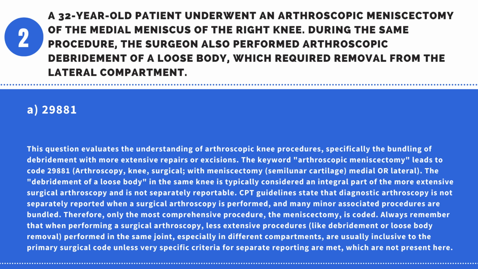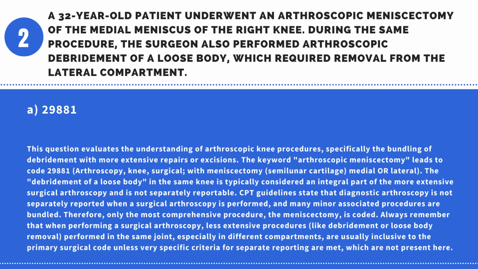29881. This question evaluates the understanding of arthroscopic knee procedures, specifically the bundling of debridement with more extensive repairs or excisions. The keyword arthroscopic meniscectomy leads to code 29881, arthroscopy, knee, surgical, with meniscectomy, semilunar cartilage, medial or lateral.